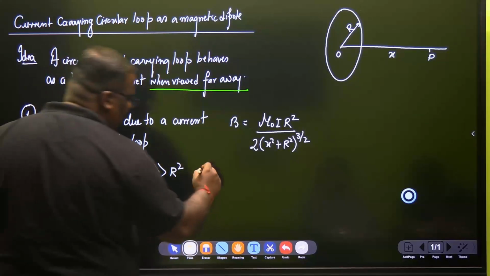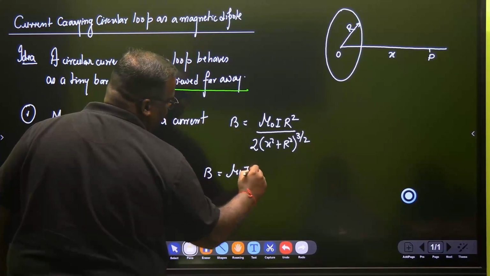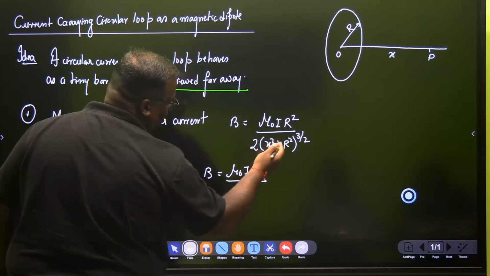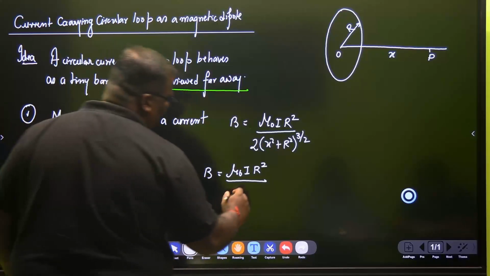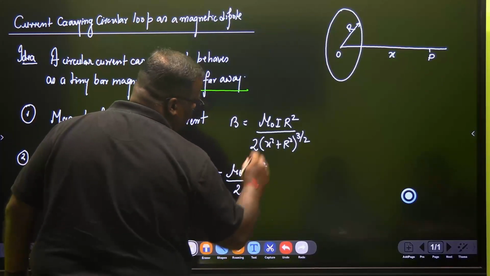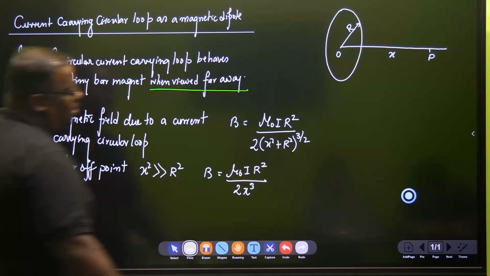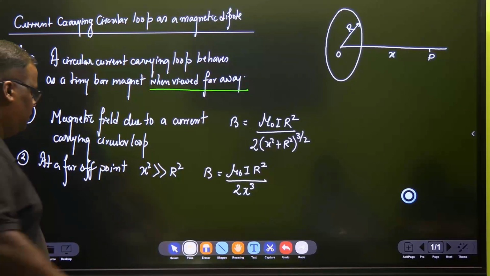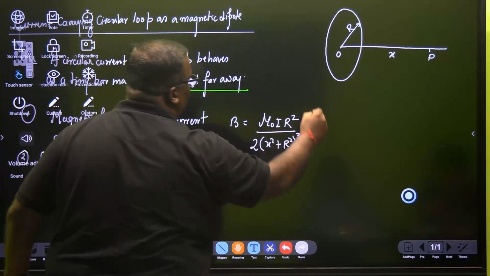So in this case, B now reduces to mu naught I r square divided by, since r square is negligible now, 2x square, so it will become 2x cube.